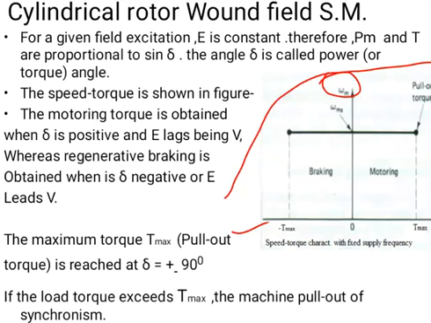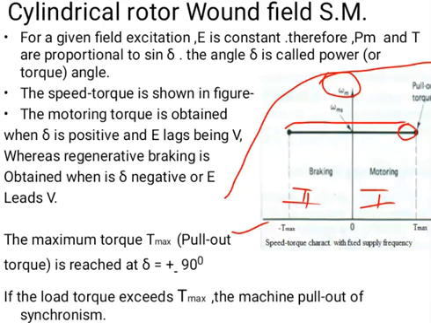Here speed is constant because this is a synchronous motor. If we draw the characteristic, this will be the first quadrant and this is the second quadrant. The speed is constant, and this is the pull out torque.